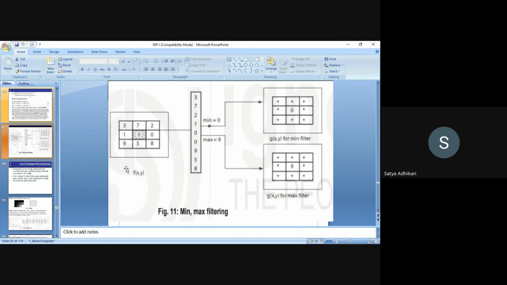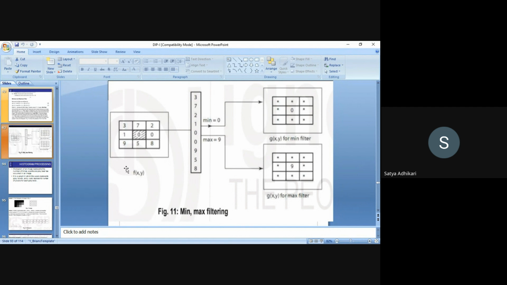But if we apply the minimum filter here, 0 will be replaced by 0, because in this region, 0 is the minimum. But in the max filter, 0 will be replaced by 9, because in this region, 9 is the maximum value. So 0 will be replaced by 9.